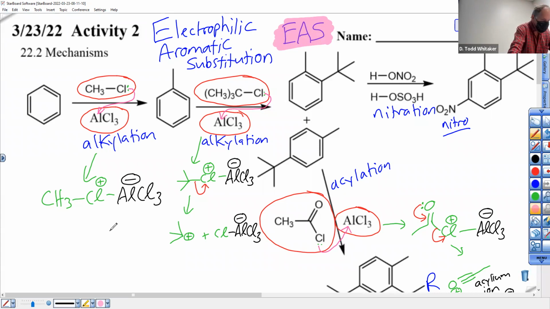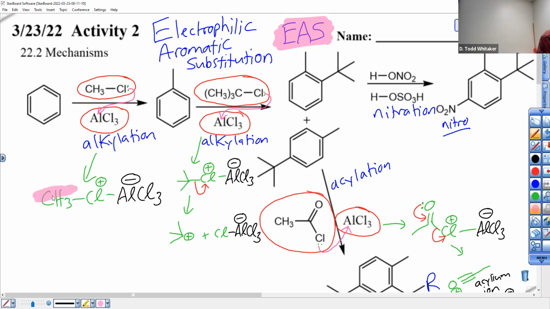And what happens during EAS? Well, we're going to put an aromatic nucleophile to attack an electrophile. Here's your electrophile. Can I highlight the electrophile? Have I used highlighter here except for EAS?